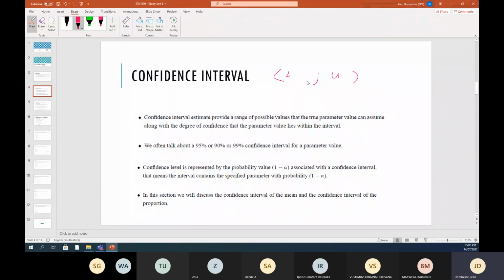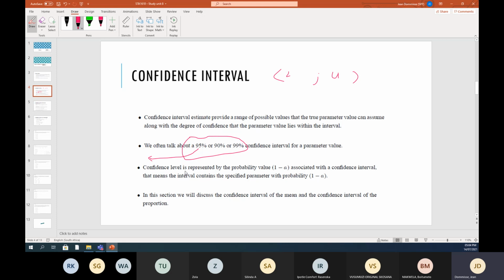Then the other thing, from the notes that I sent in the week as well, is that you will always work with these 3 confidence levels. Most of the time it will be the 95. It will not be anything else than 90, 95, and 99.